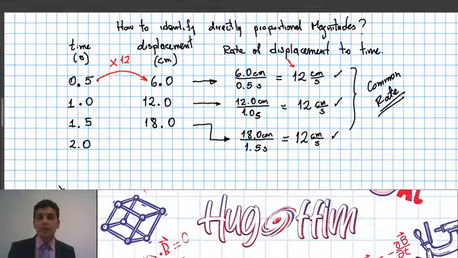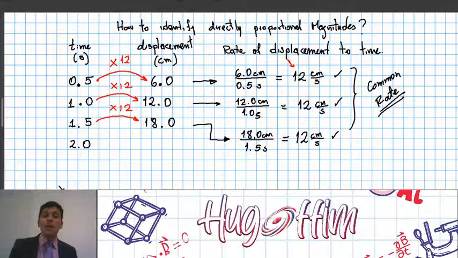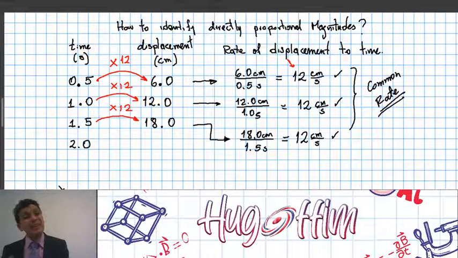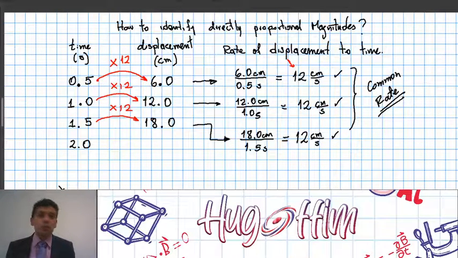If you take 0.5 seconds times our common rate 12, I get 6. If you take 1 times 12, I get 12. If you take 1.5 times 12, you get 18. So what you're doing is multiplying the independent variable, the variable for which you know the values, to get the dependent variable, the variable for which you don't have the values and maybe you want to predict.